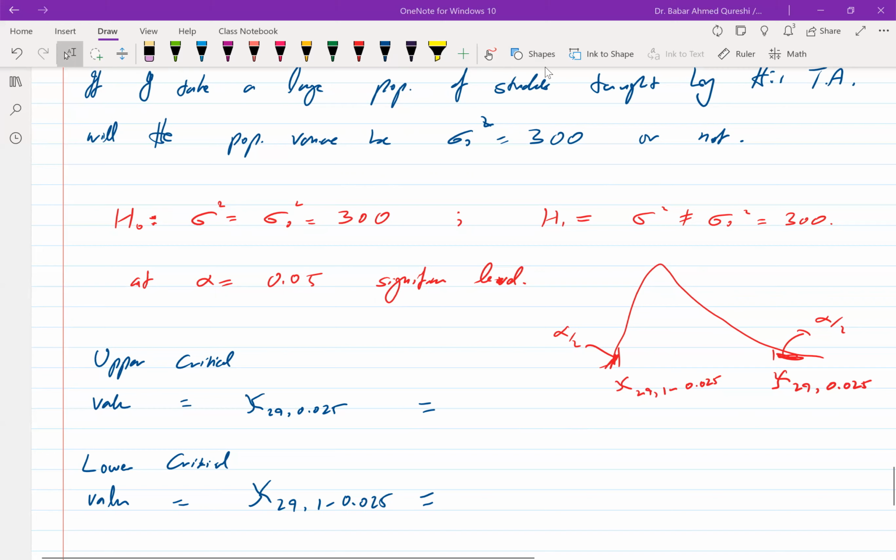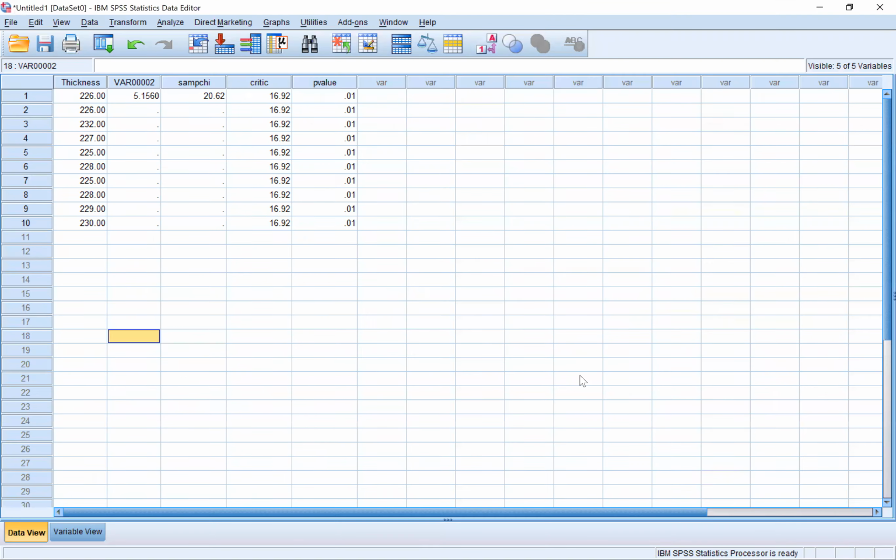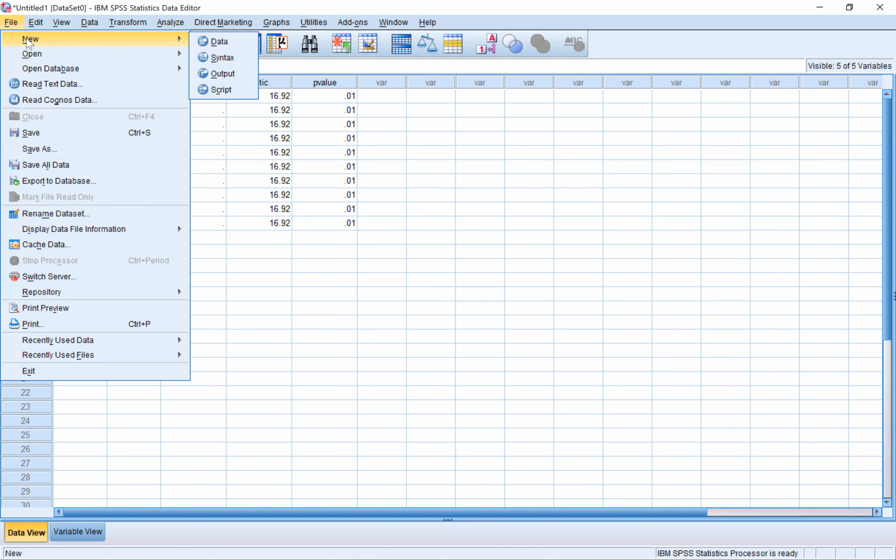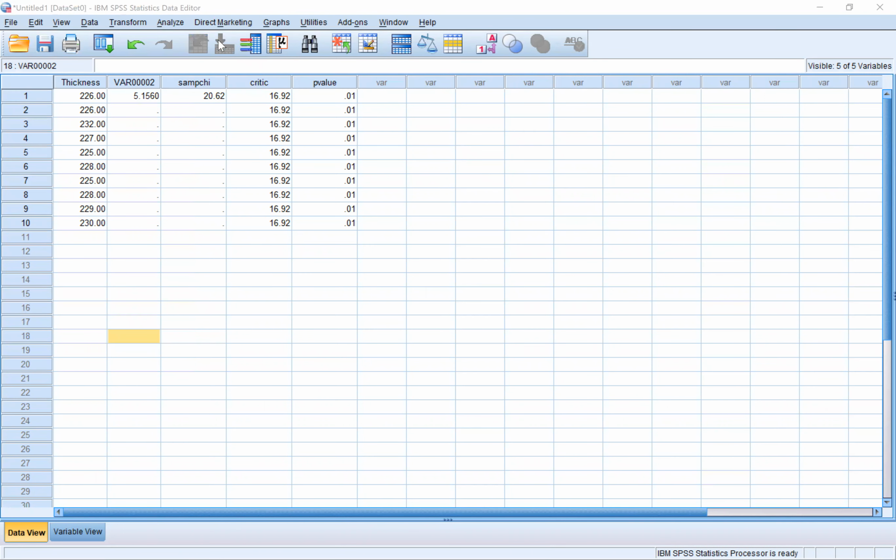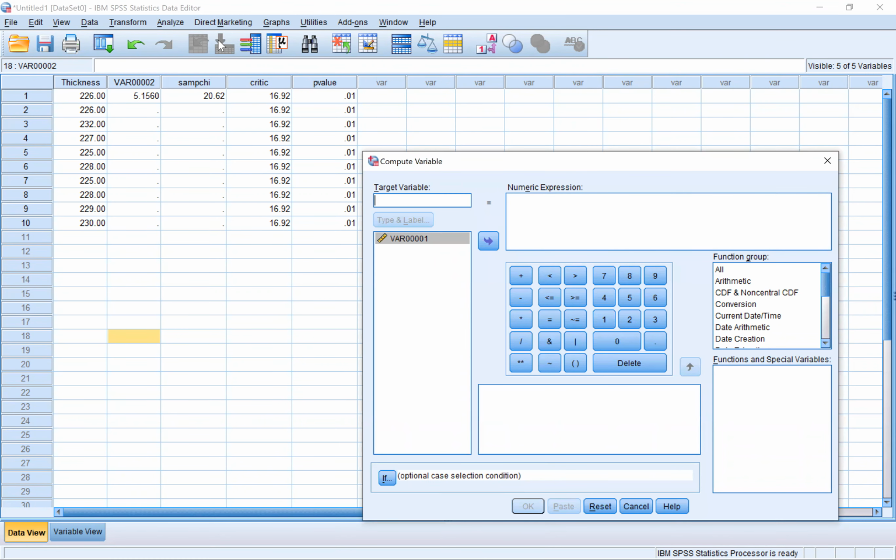So I do that by going to SPSS. Let me open a new file, and let me just put a random number here and start computing. So I want the upper critical.